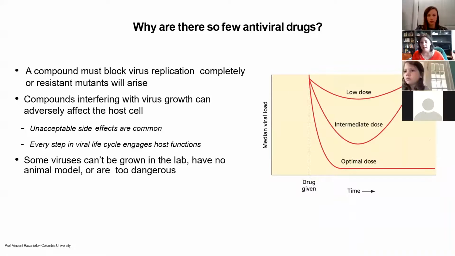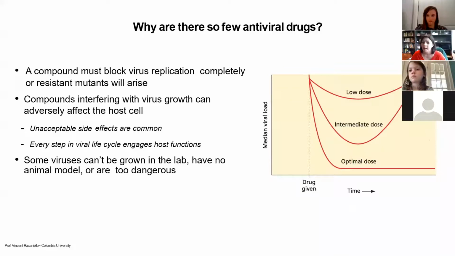Another problem is that because viruses rely on you to replicate and reproduce, a lot of the antiviral compounds also adversely affect you, and many of them have very horrible side effects that we just can't allow people to experience.